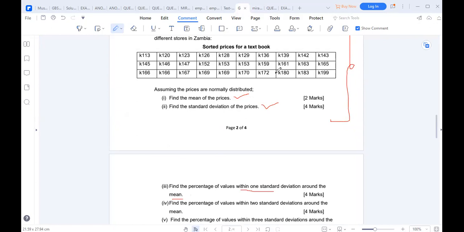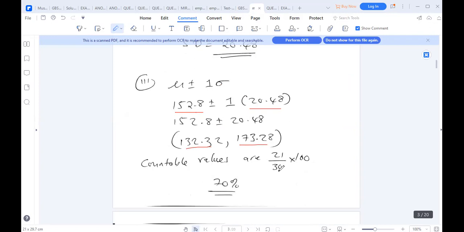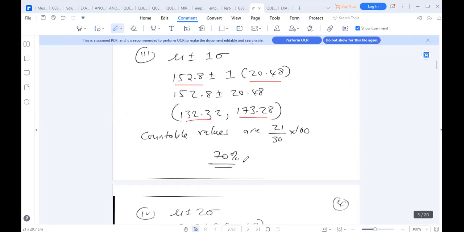When you count these figures, you're going to find that 21 of them lie between, 21 out of 30, which as a percentage is 70%. So 70% of these are the countable values that we're going to find. All right. So that is how we get those figures.